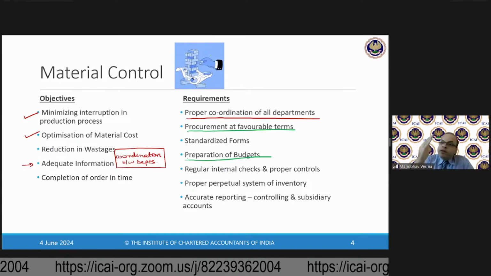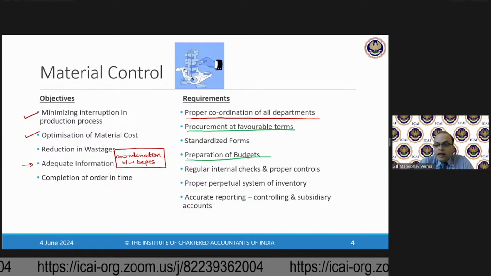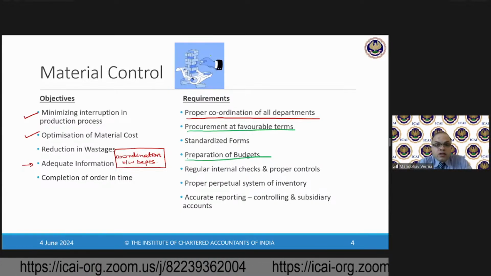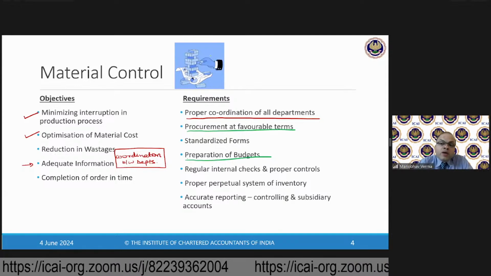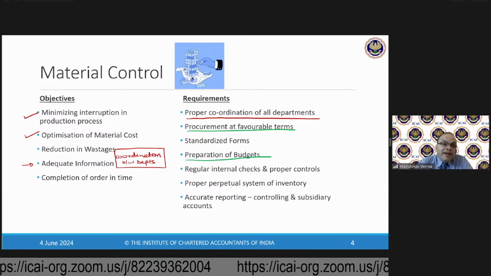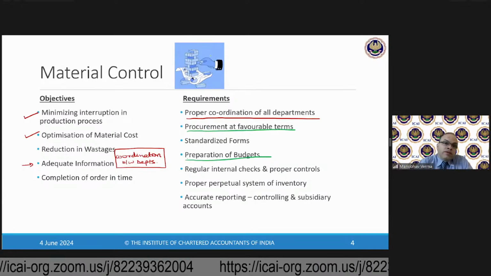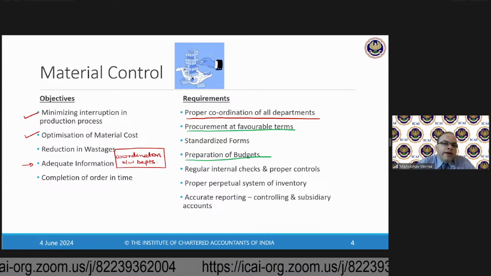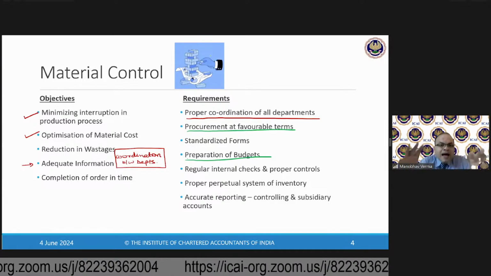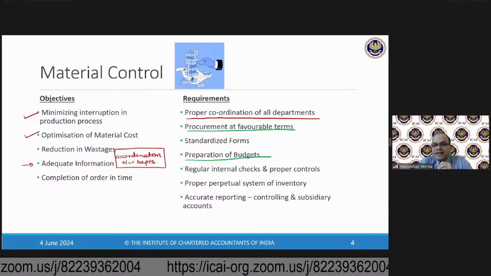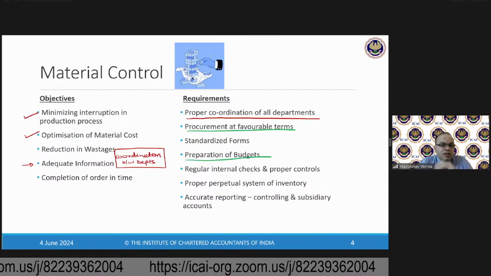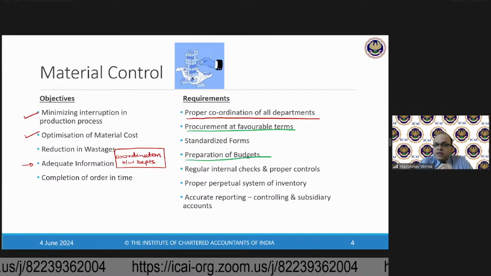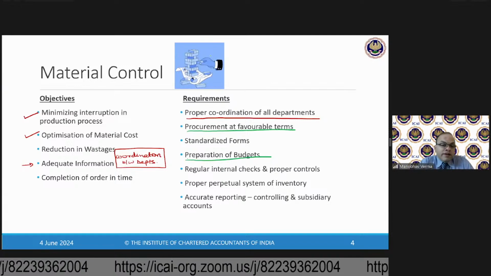Those budgets are drilled down into various months, so they prepare budgets for each month. Depending on the inventory levels required, they plan for any procurements that need to be done. So even the budgets concerning materials or other supplies are very, very important here.